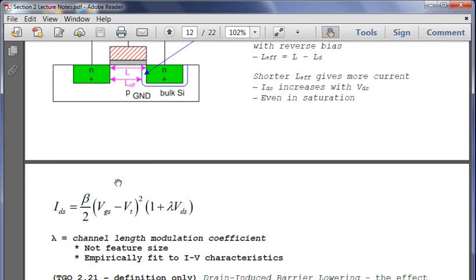And so the effect of the channel length modulation modifies our equation a little bit here. We have beta over 2 times gate source voltage minus VT, squared.